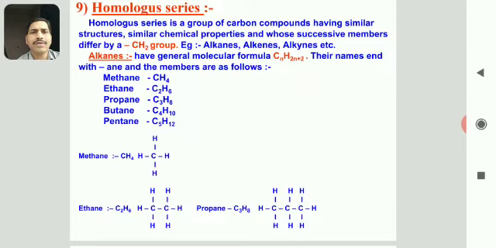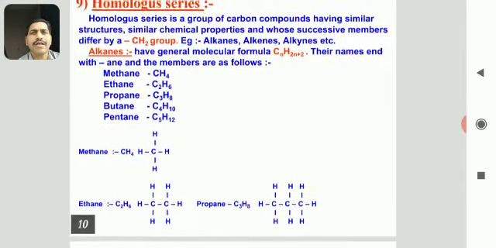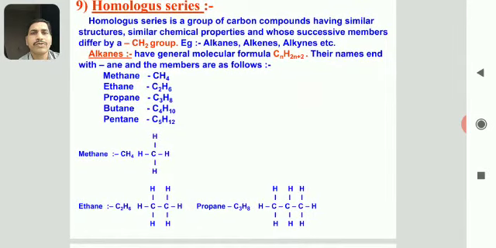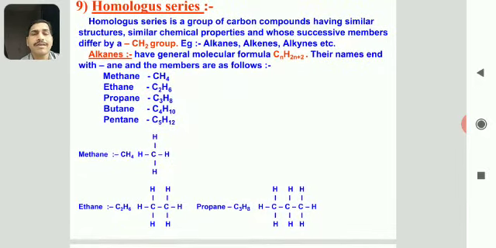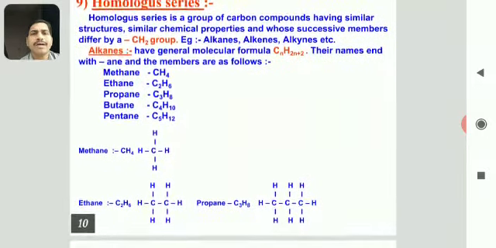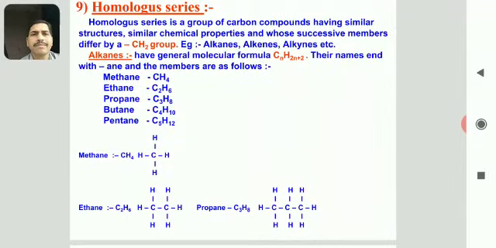propane C3H8, butane C4H10, pentane C5H12. In this sequence, you can note one thing, that they have a systematic pattern. That means the number of hydrogen atoms is exactly double the number of carbon atoms plus 2.